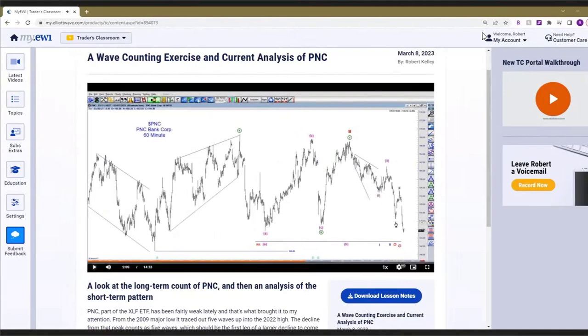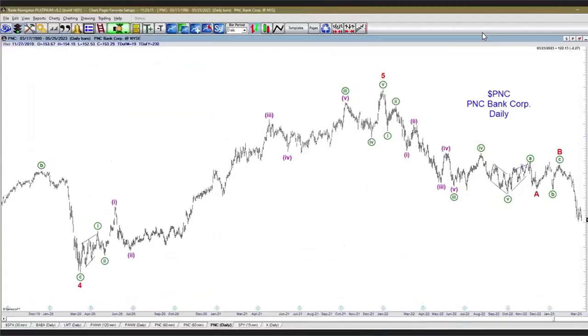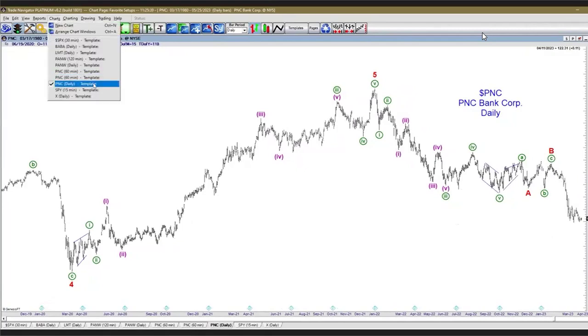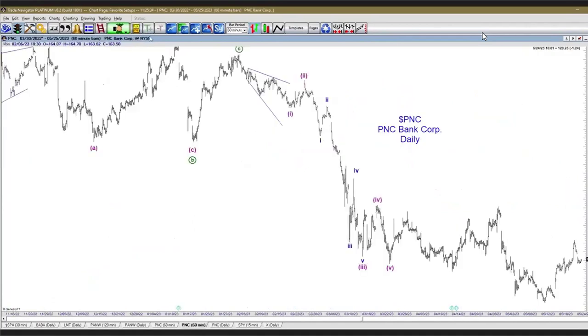So this trade kind of combines two of my favorite setups, which is a C wave or a third wave, and then a third of a third wave. So, bigger picture C wave, and then shorter term picture third wave. Let's go to that.